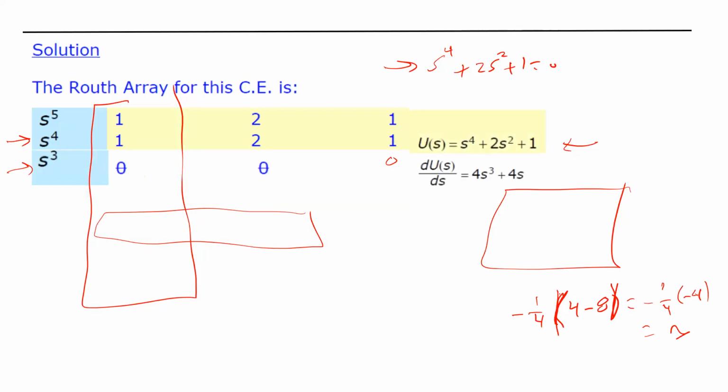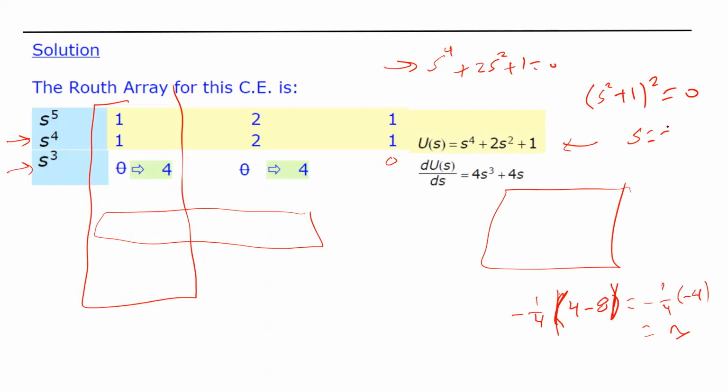Now, as I said, this is the characteristic equation. The auxiliary equation I can rewrite as s squared plus 1, squared, equal to 0. Do you agree? Yes. So what are the locations of the poles of the system? They are on the imaginary axis.